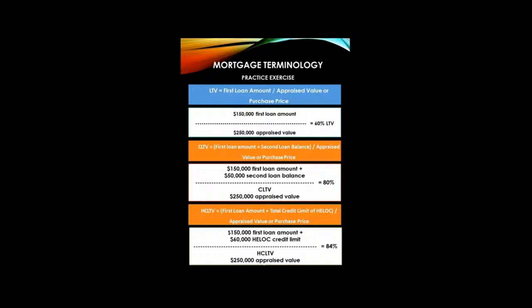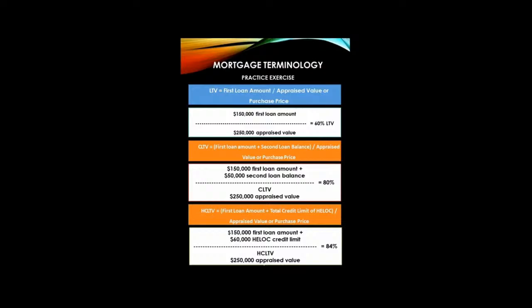So if the house is appraised at $300,000 and the purchase price is only $250,000, you will be utilizing the $250,000 purchase price and not the $300,000. Because again, the bank only wants to lend on what the borrower is acquiring on a purchase price. If it's higher, that's always a benefit to the buyer.